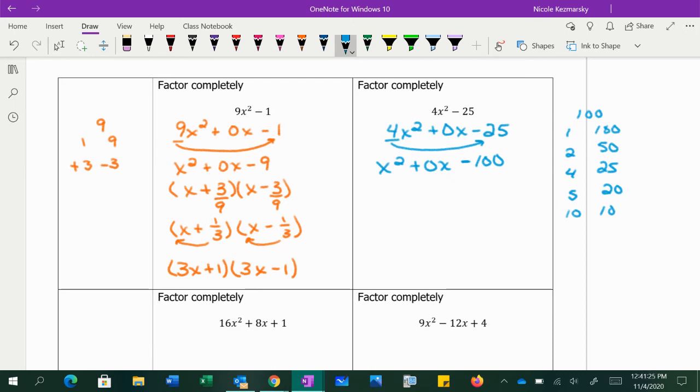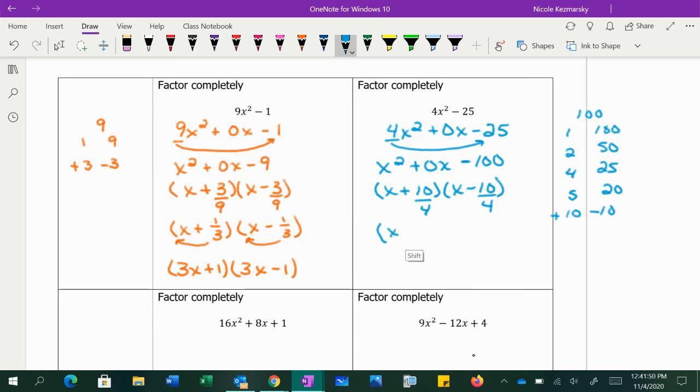So the pair that's going to add up to get me 0 is going to be a positive and a negative 10. So we're going to say x plus 10, x minus 10. And then divide by our 4 for our slide and divide. Those don't simplify, but they do reduce.